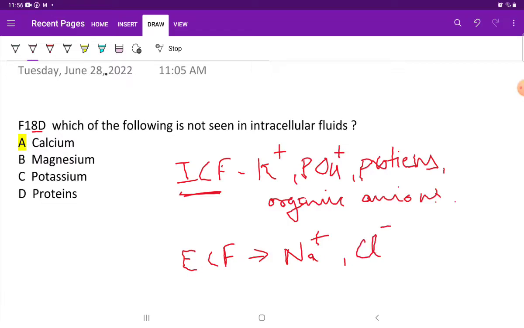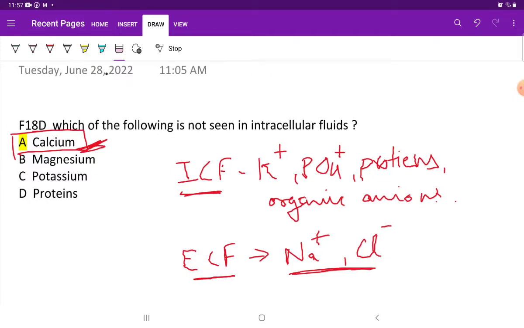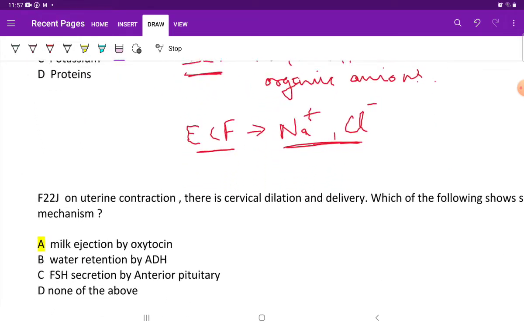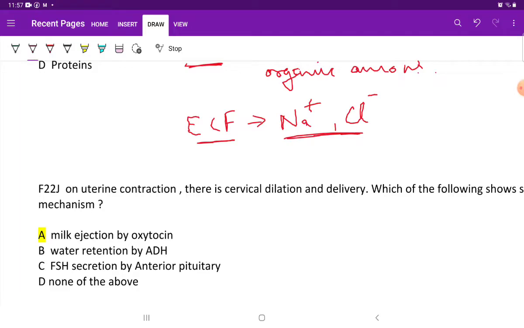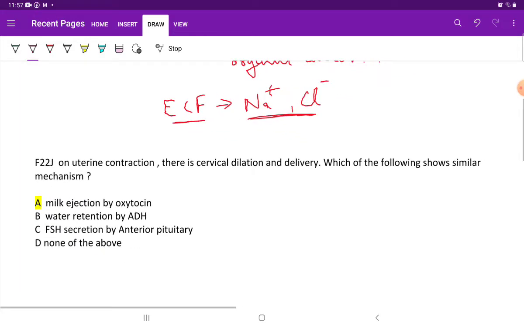Calcium is present in very negligible concentration, and that's why we mostly consider it as 0. Okay, now we go to the next question from this topic, general physiology.